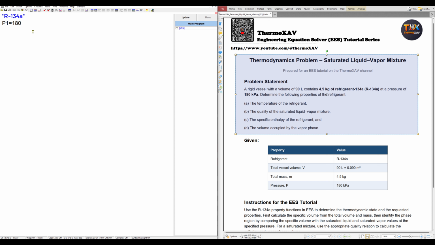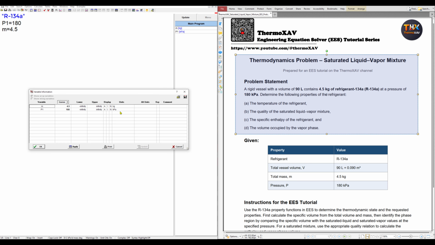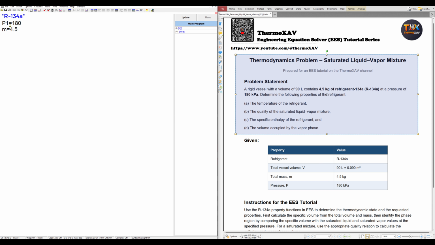Then the total mass is 4.5 kilograms, so I will call it M equal to 4.5. Press enter, and you see here the unit is in kilogram. So here I simply have this pressure and mass.